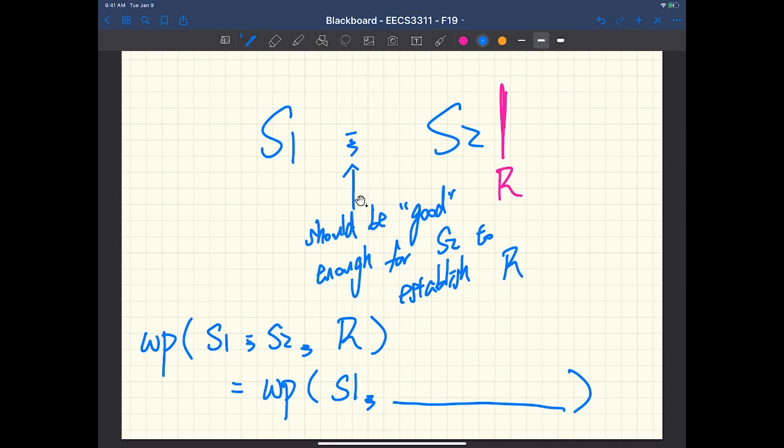How do I specify the intermediate step? What's that intermediate state? Exactly, exactly. Remember what we said before over here. This intermediate state is such that it will be good enough for S2 to establish R. When I say good enough, I'm talking about WP, really. Yes?